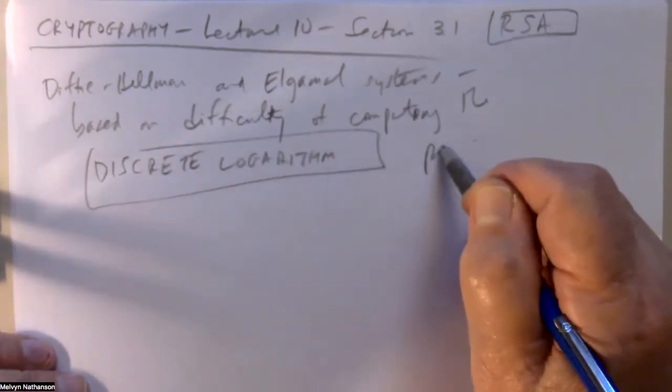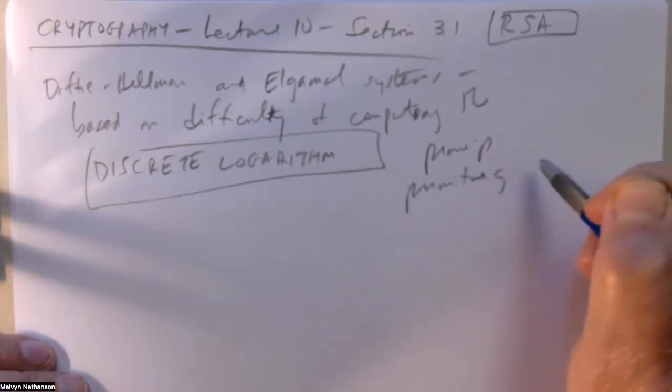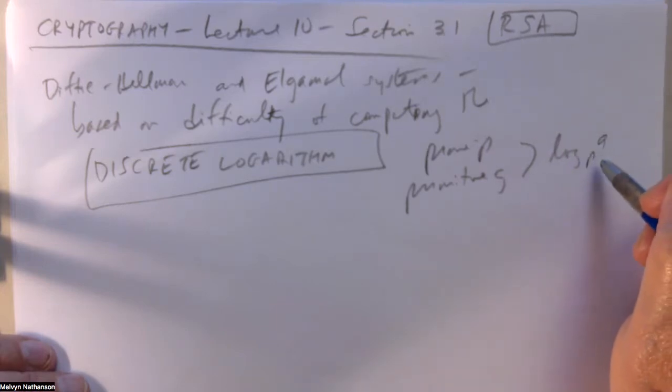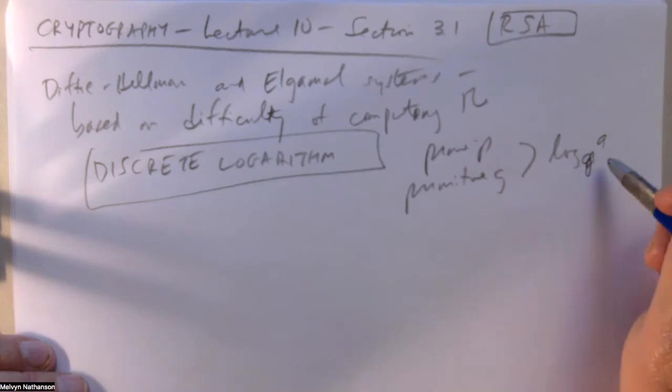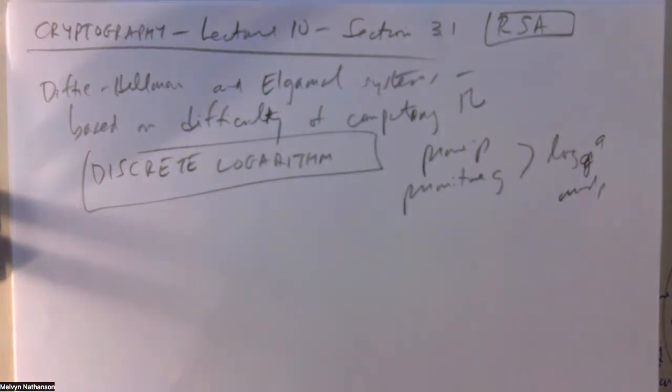So you have a prime p, a primitive root g, and you want to find the logarithm of some number a to the base g mod p. That's the discrete logarithm. And it's hard to do. No one can prove that it's hard to do. It's simply that the accumulated experience of many people for many years has failed to find an efficient algorithm for solving the discrete logarithm problem.